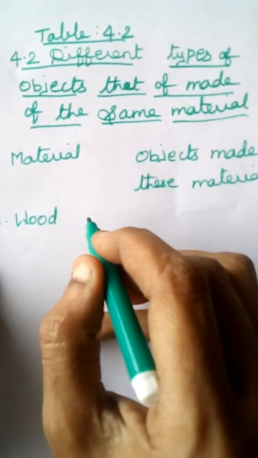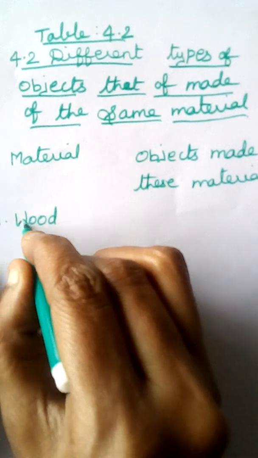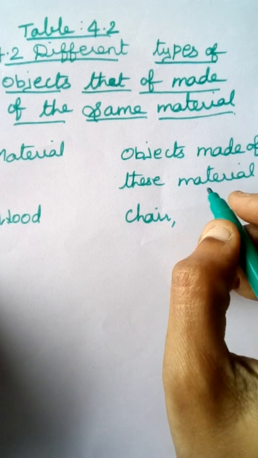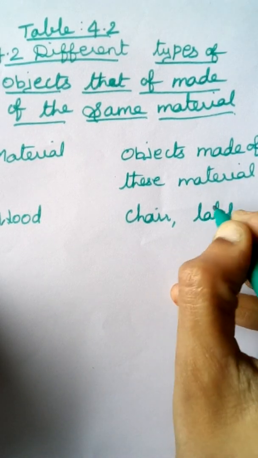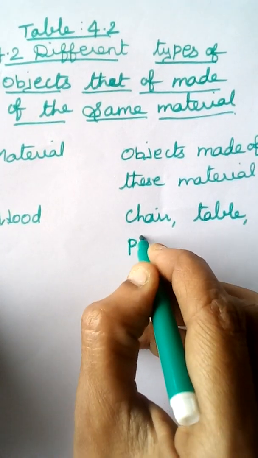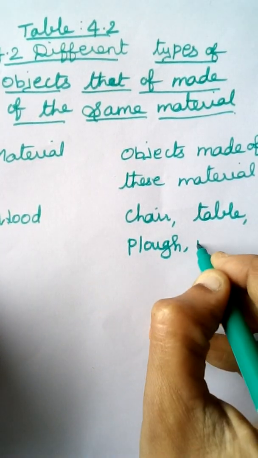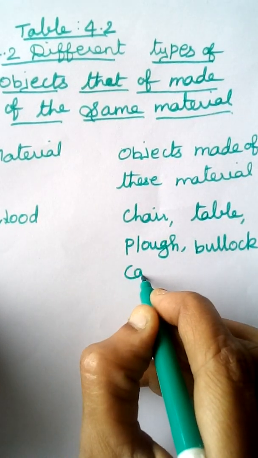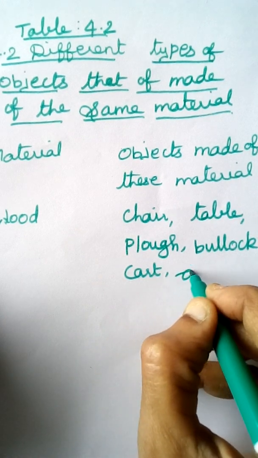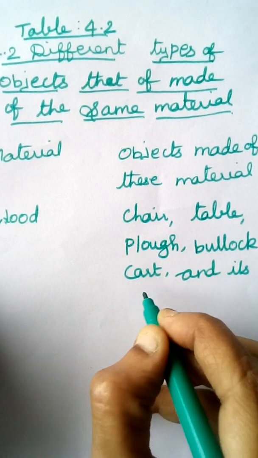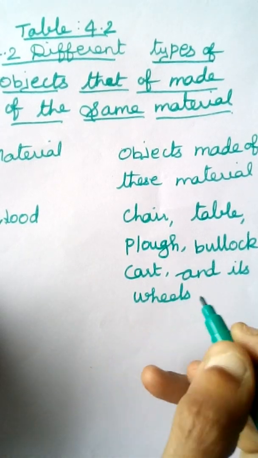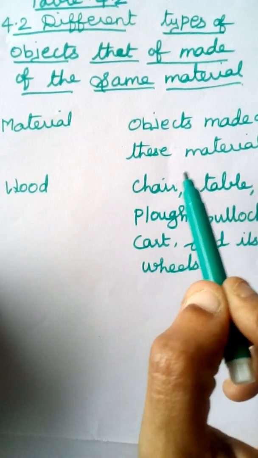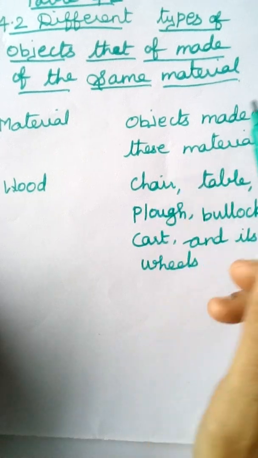This is the material, and the objects made of it are what can be prepared from wood: chair, table, plough, bullock cart and its wheels.